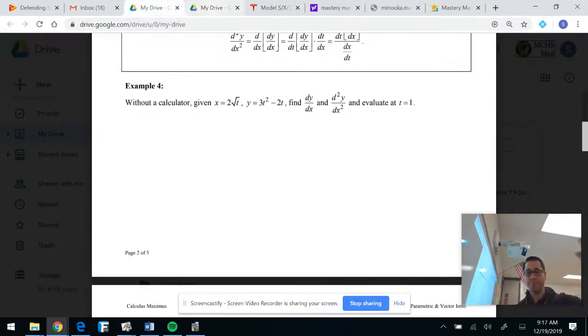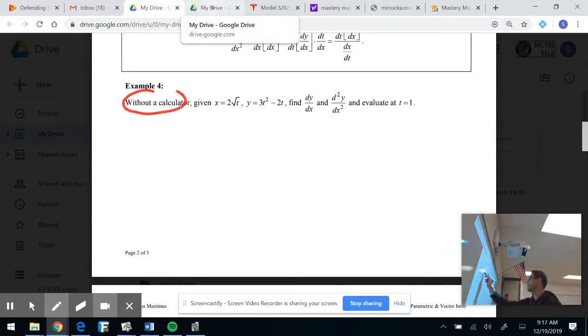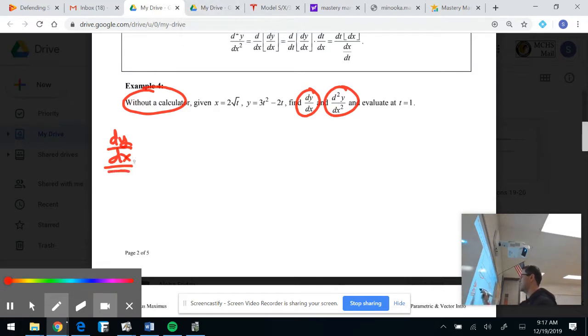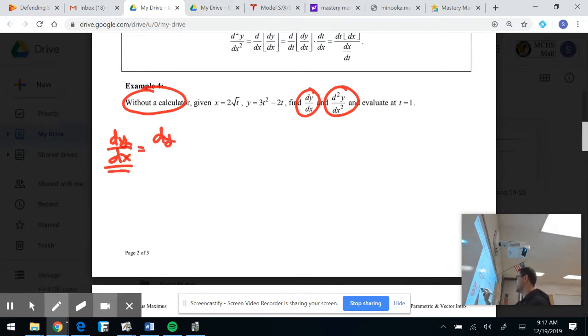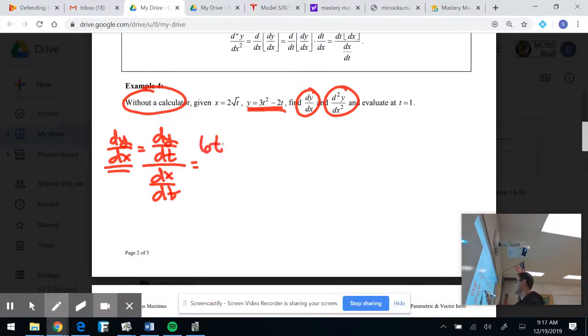All right. Without a calculator, find dy dx and find the second derivative. So dy dx, and this is for parametrics. Kind of cool thing is we still keep it consistent as that. But the way we do it with parametrics is simply dy dt divided by dx dt. That's it. Well, dy dt, derivative of that, is simply 6t minus 2.